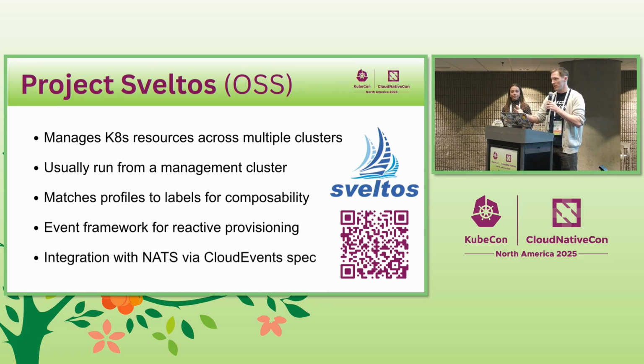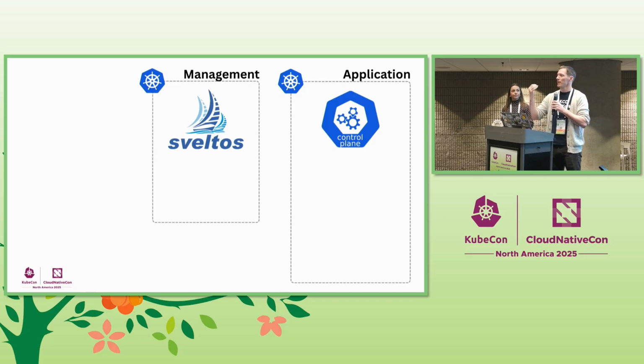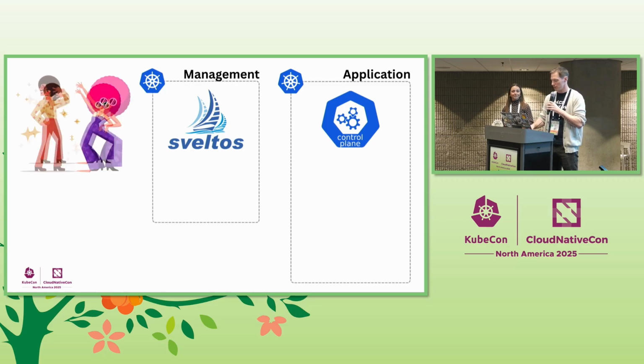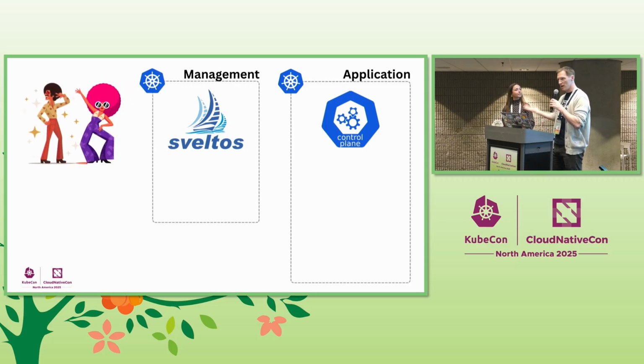Part of that event framework, if you so choose, and we'll look at a diagram in a second, is that it integrates with NATS directly and listens for events that match the CloudEvents spec. So, diagram. Let's say we have a management cluster and an application cluster. Sveltos is running in our management cluster, and that's obviously us.